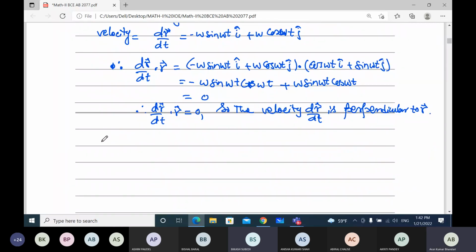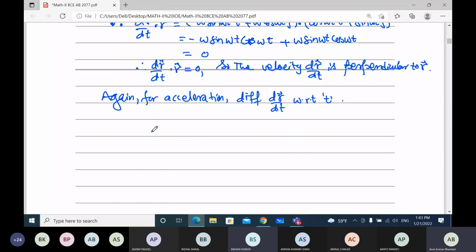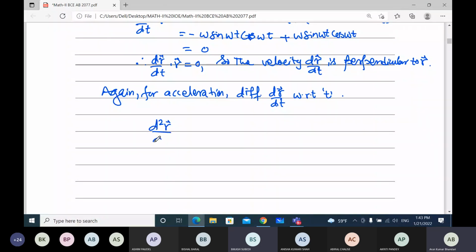Again for acceleration, differentiating dr by dt with respect to t, d2r by dt square is minus omega square cos omega t.